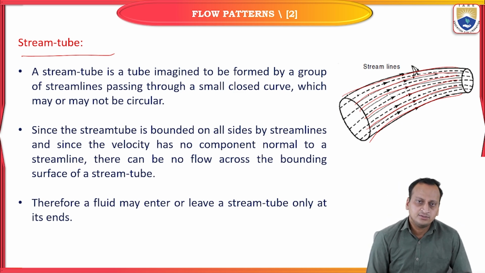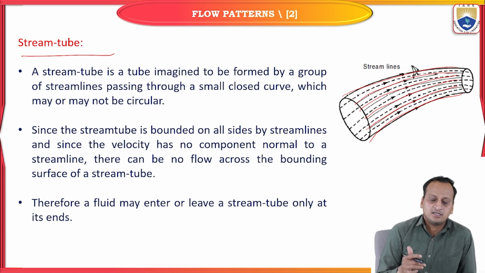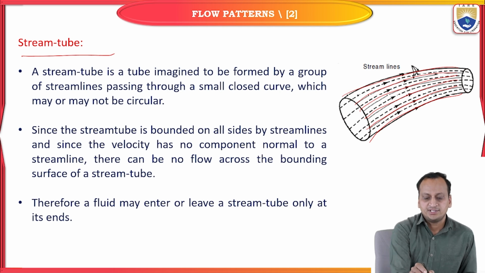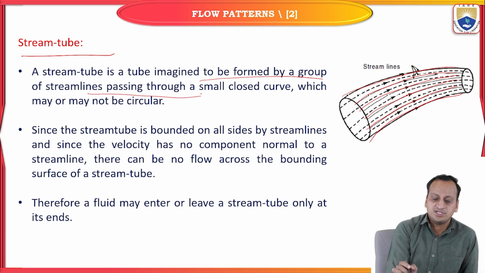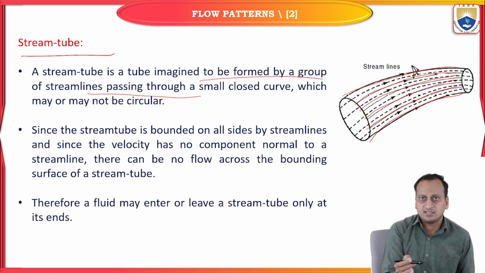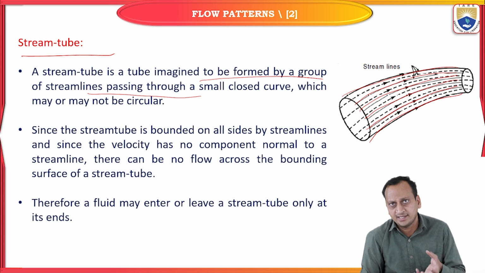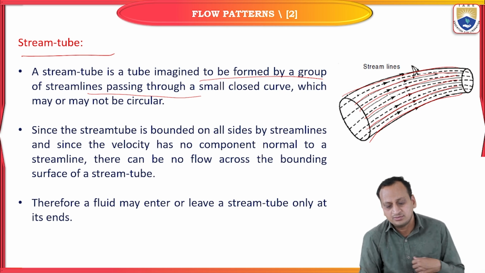It may be a different cross section also. The stream tube is nothing but a combination of a group of streamlines. This is also an imagined tube, because once a streamline is imagined, the stream tube is also imagined. A group of streamlines is not a real line, it is an imaginary line. Therefore the stream tube, composed of such imaginary lines, is also imaginary.